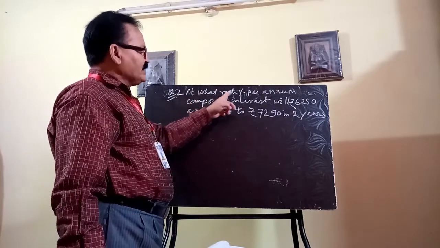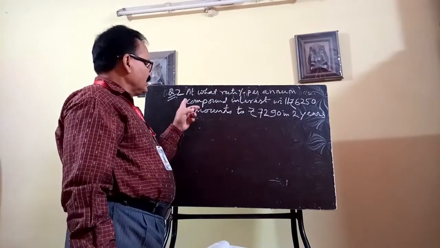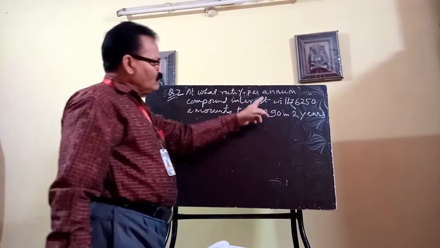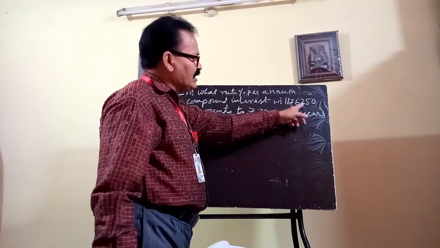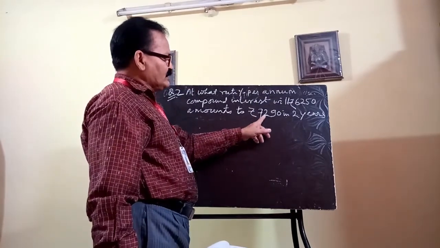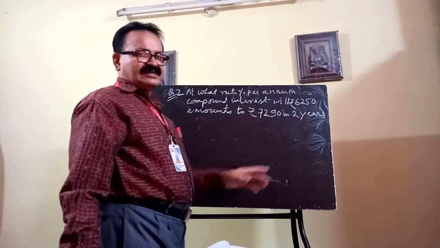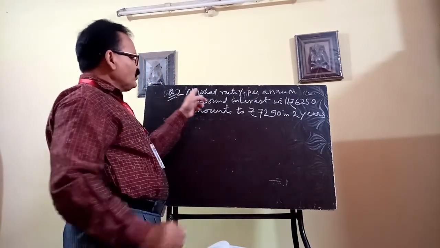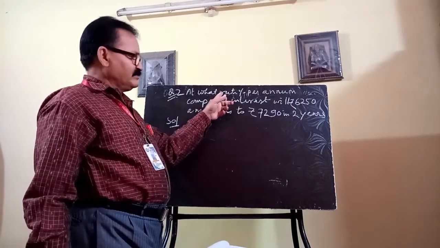At what rate percent per annum compound interest will rupees 6,250 amount to rupees 7,290 in 2 years?